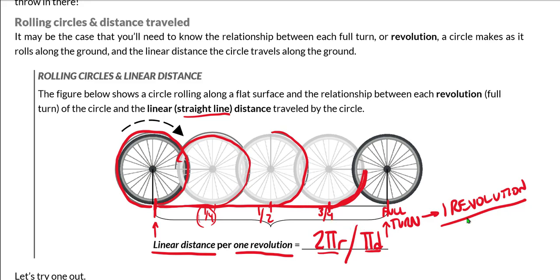So again, as the circle moves along a flat surface, a road, or whatever you want it to be, with 1 revolution we will travel a straight line distance of 2 pi r or pi d, 1 circle circumference. So 1 revolution equals 1 circumference of linear distance.